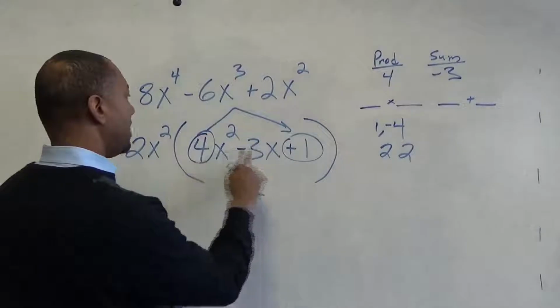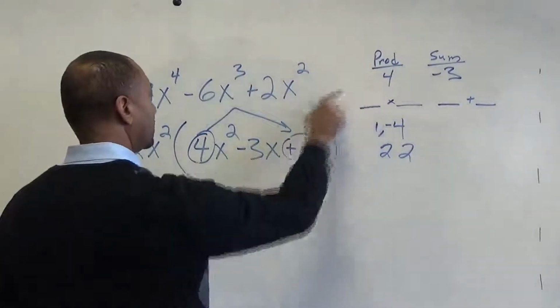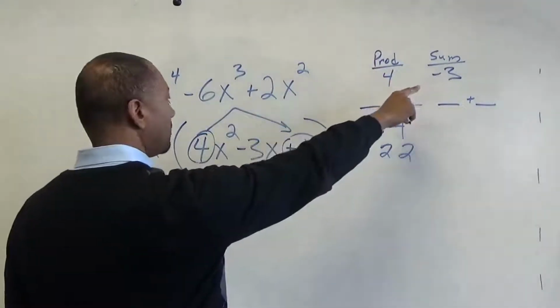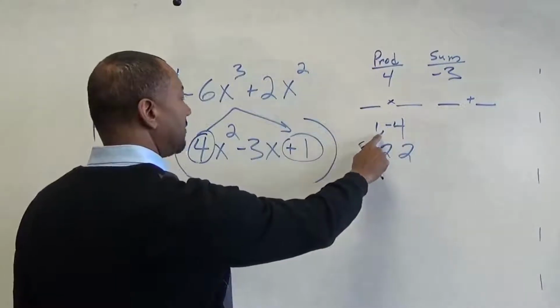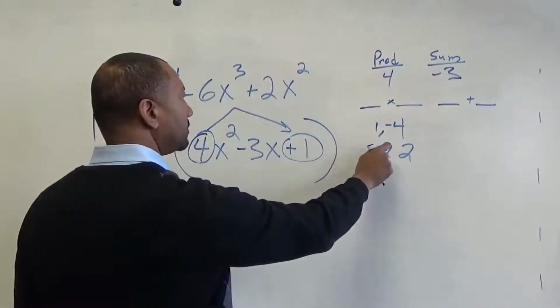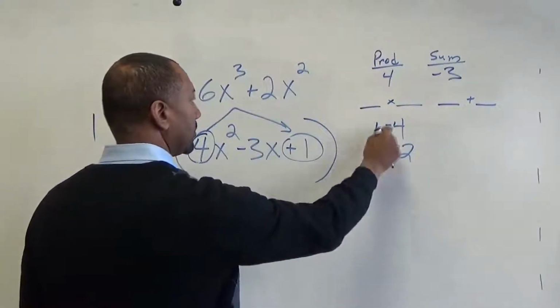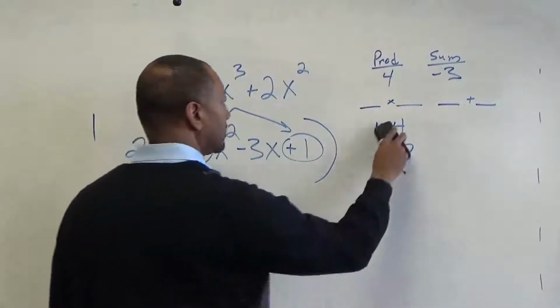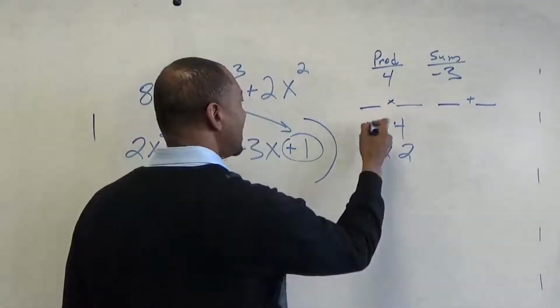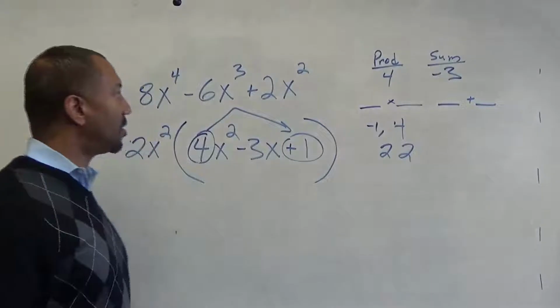And we got 4 times 1, 4, negative 3 under sum. And when I listed the factors of 4, wow. Even if I do this, it's still not going to work.